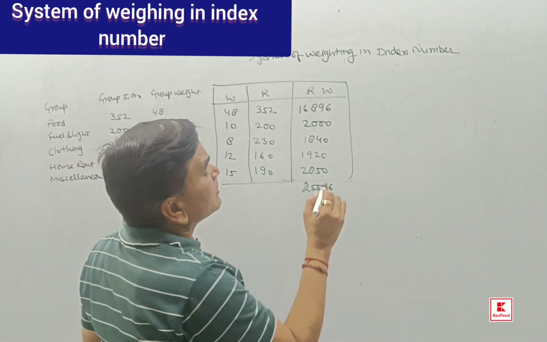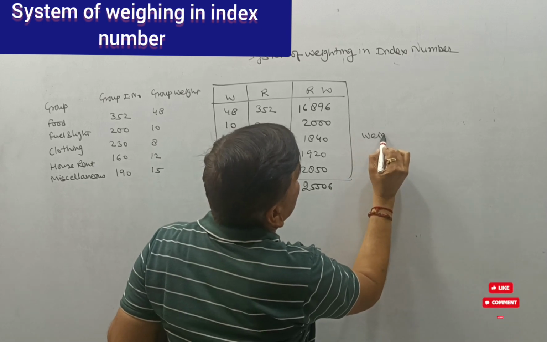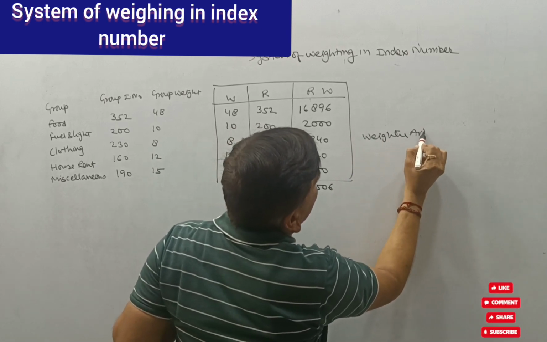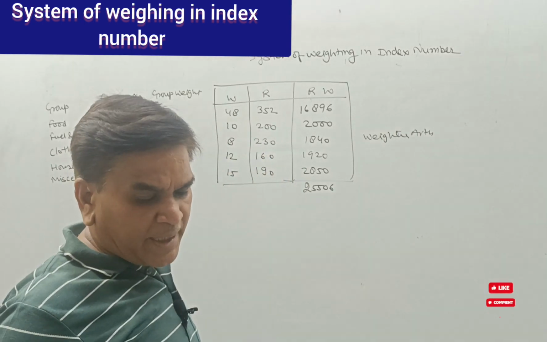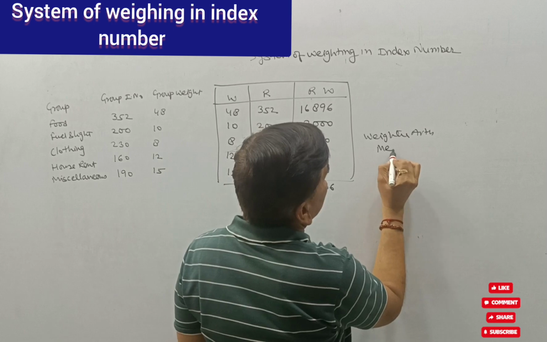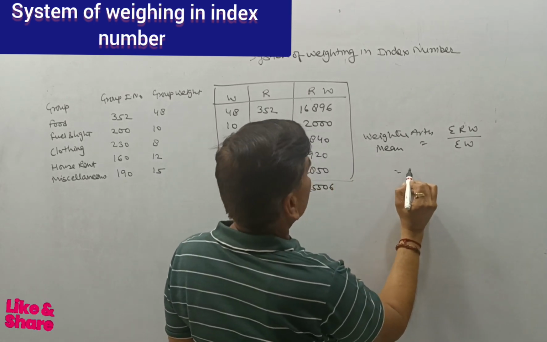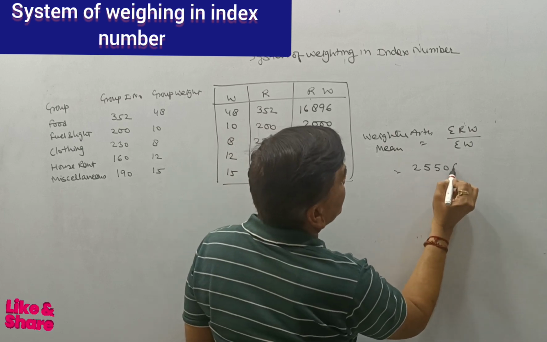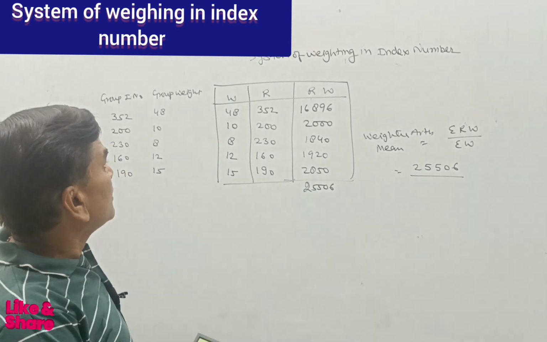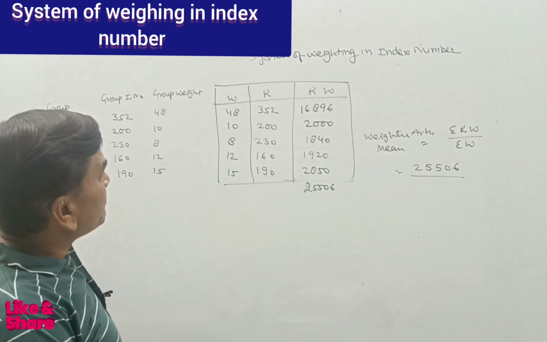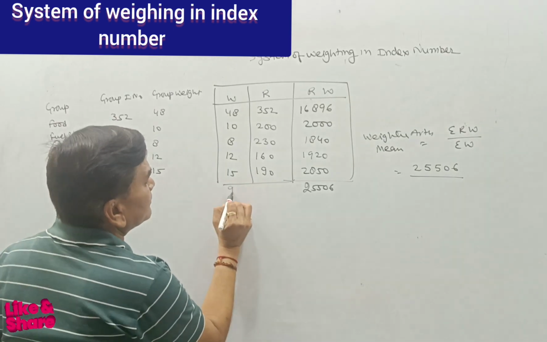For the weighted arithmetic index number, the weighted arithmetic mean is sigma RW divided by sigma W. The value of sigma RW is 25506, divided by the sum of the weights, that is 48 plus 10 plus 8 plus 12 plus 15, which is 93.